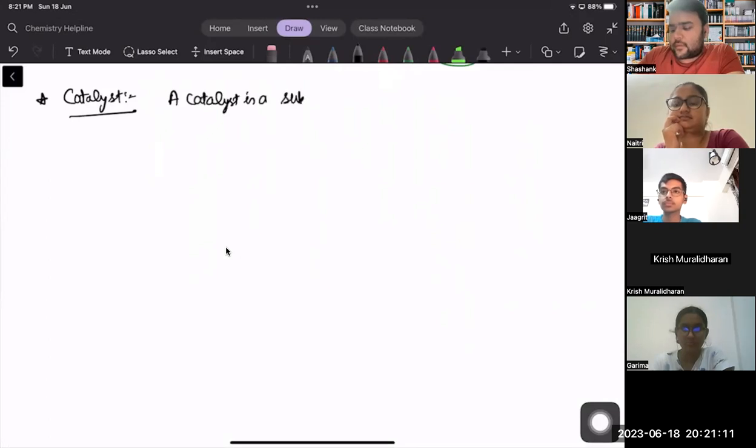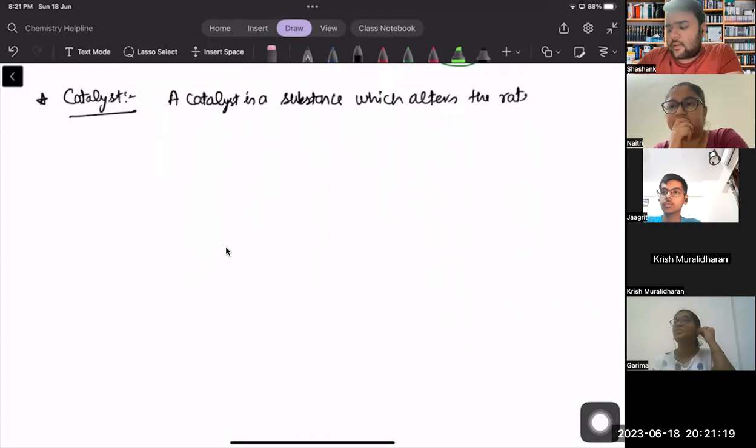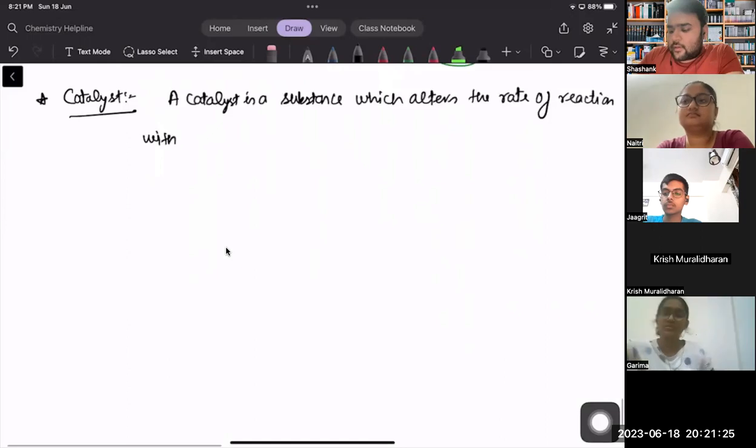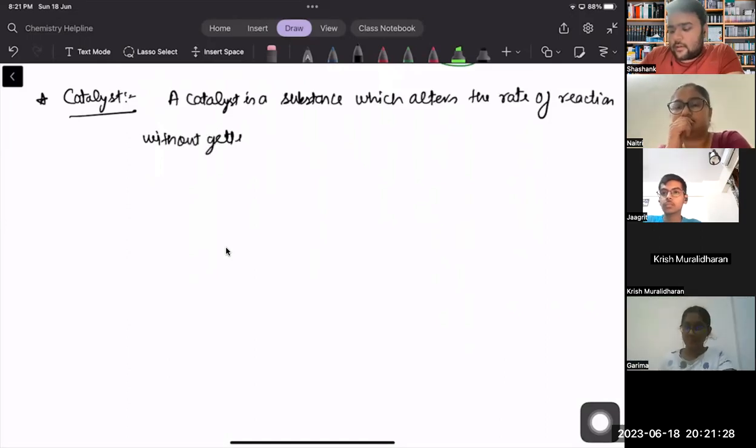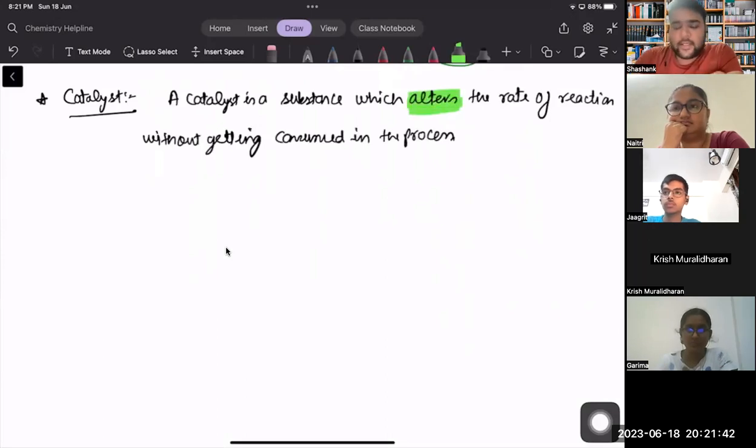What do you need to look for? First is alters the rate of reaction. In general, yes, we use catalyst for speeding up the reaction. But can the catalyst be used for slowing down the reaction? Yes, absolutely yes.